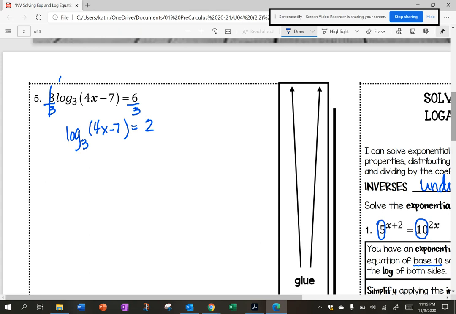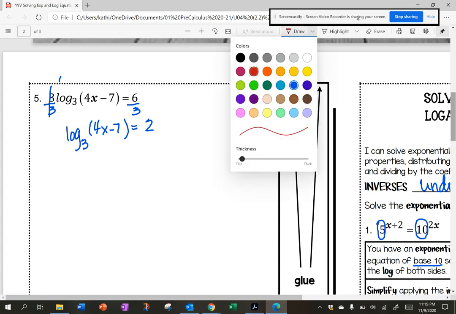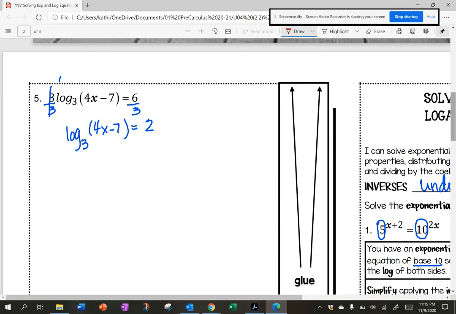So I want to undo my logarithm, so I need to exponentiate. So I'm going to exponentiate using what the base is, and I know the base is 3. So I'm going to exponentiate log base 3 of 4x minus 7.